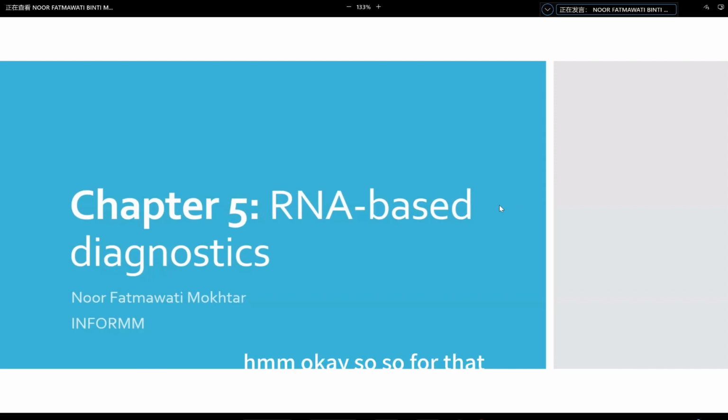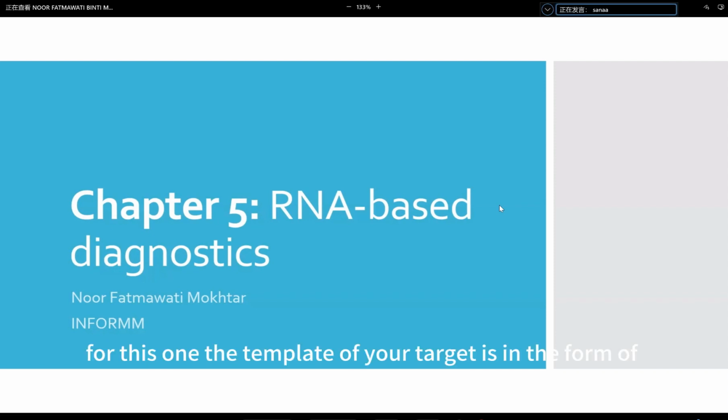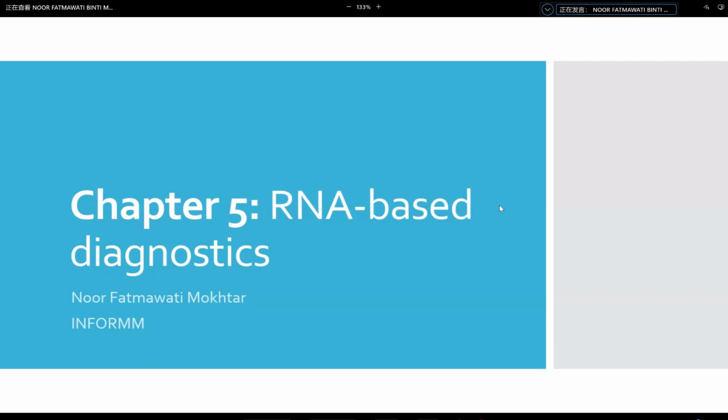Okay. So for that, the template is DNA based, right? Genomic. Yes, doctor. For this one, the template of your target is in the form of RNA. So the technology that I'm going to cover in this topic is basically a technology to measure RNA or to detect RNA.